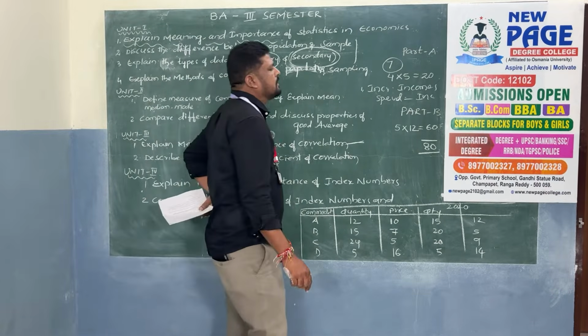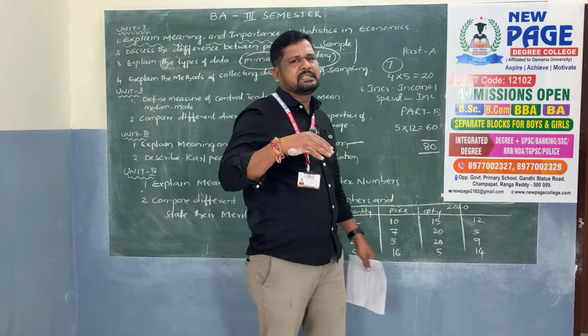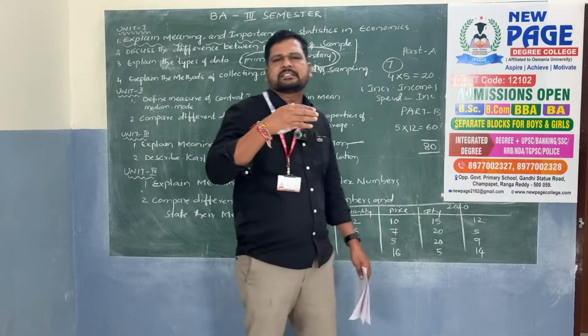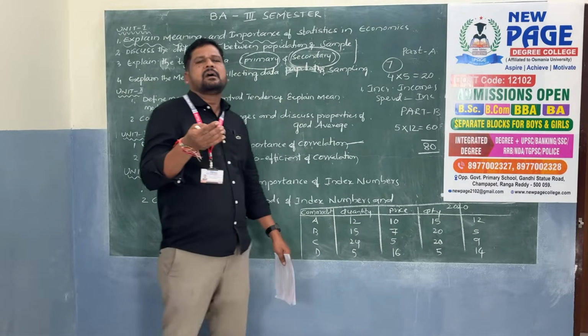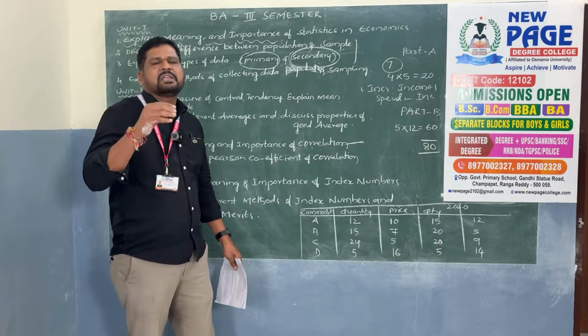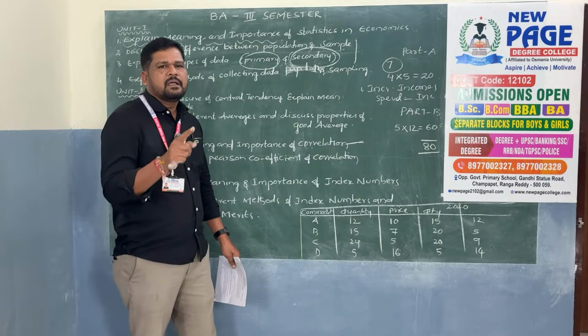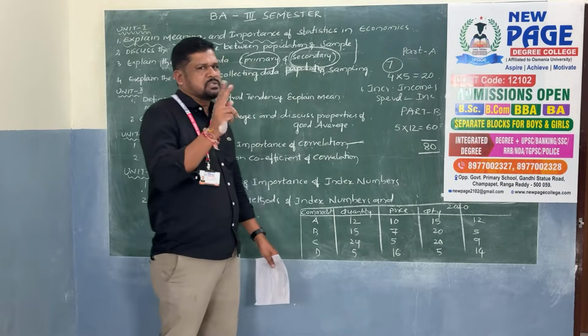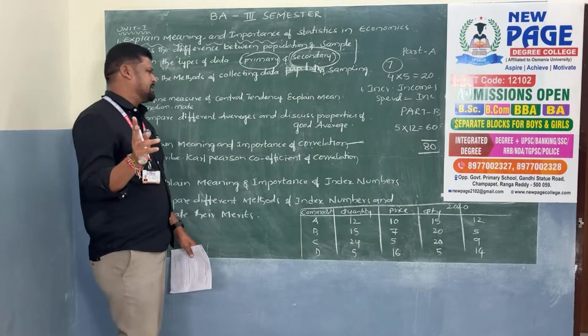Another example: increased prices of goods and commodities also decrease the quantity demanded, which is called negative correlation. So there are two types of correlation, positive correlation and negative correlation.